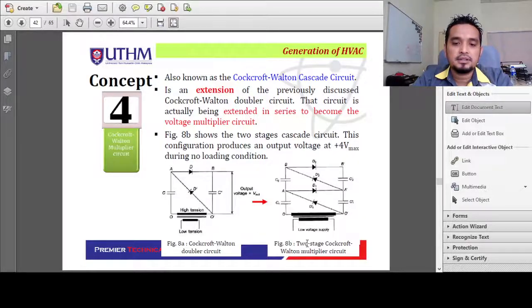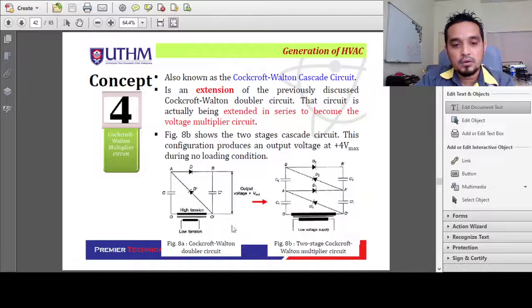This will give rise to a higher output voltage. Figure 8b shows a two-stage cascaded Cockcroft-Walton circuit. The configuration produces an output voltage of 4 Vmax.